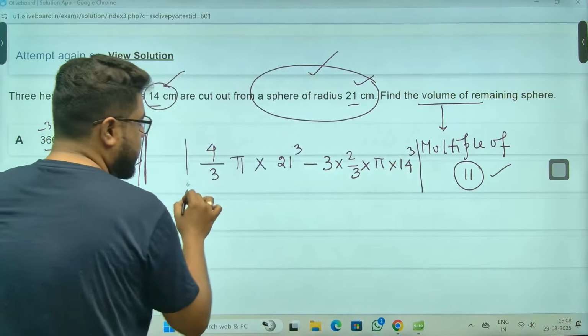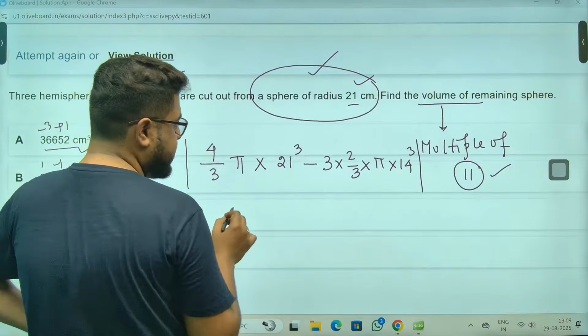Acha, let's calculate, let's take common whatever we can.